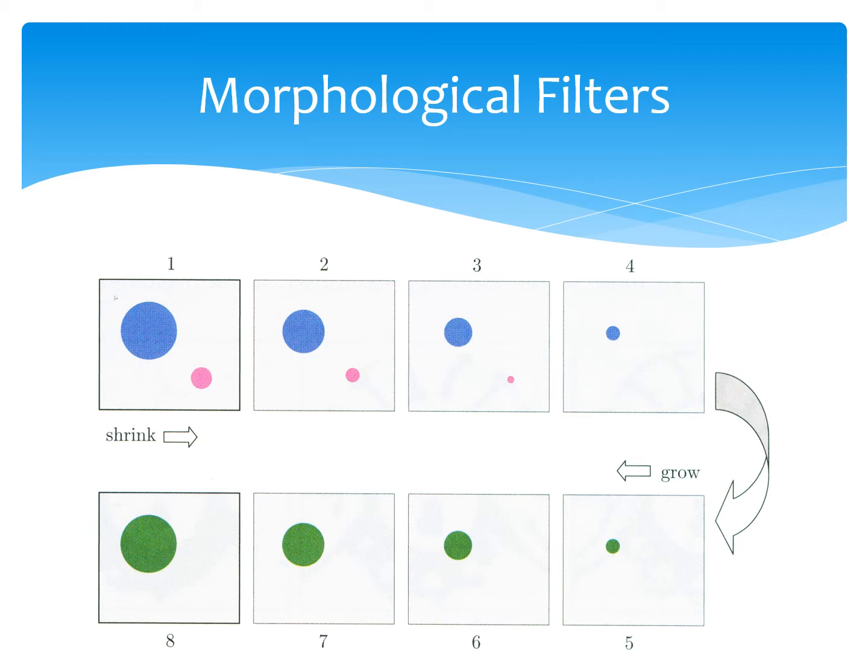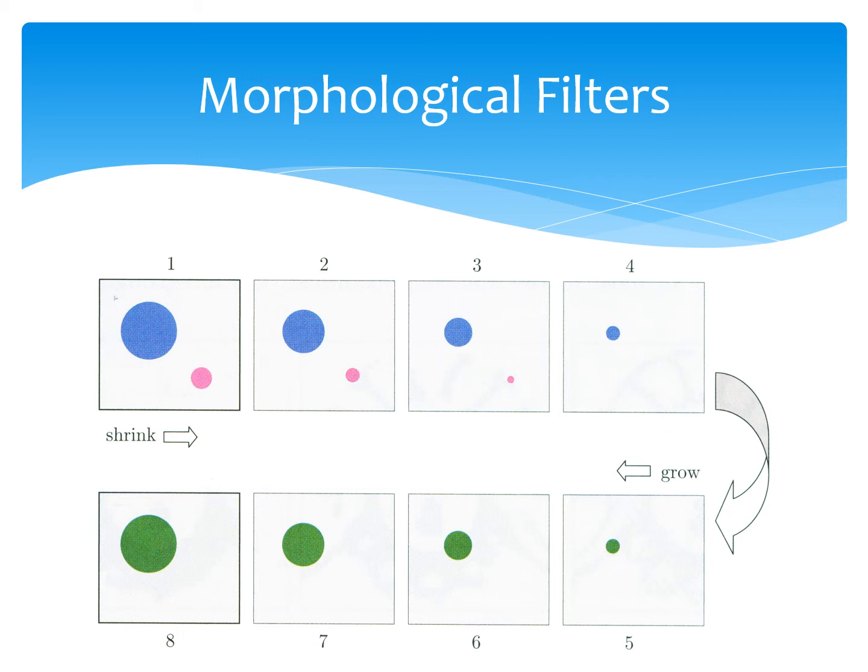Assume we shrink both segments at the same time. Both segments are getting smaller during the shrinking process. As you can observe from the shrinking process, the pink segment should disappear first because the size of the pink segment is smaller than that of the blue segment.